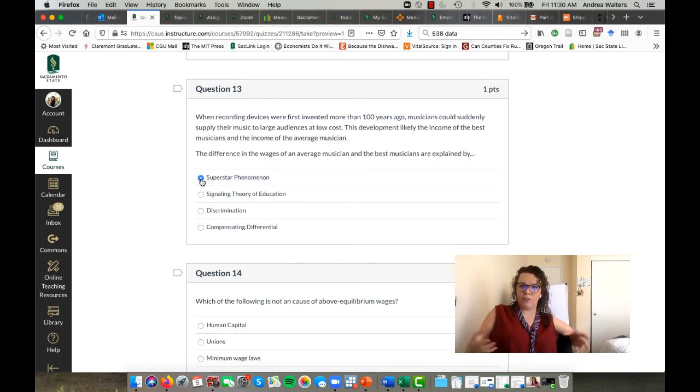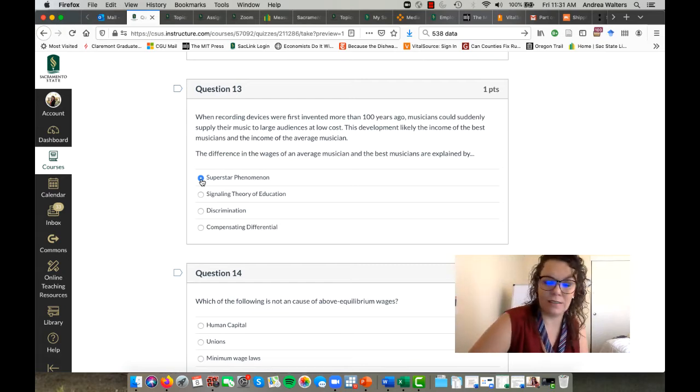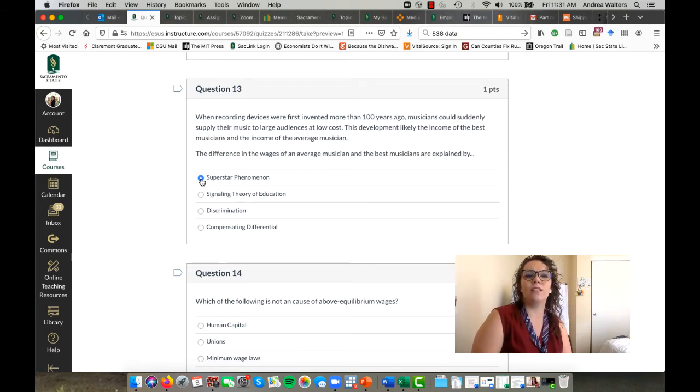So really the idea of the superstar phenomenon is when the technology is available for everyone to have the best of something, and people want the best, then we're going to see wages between the best performers or the best workers in that industry be very different from the wages of the average.